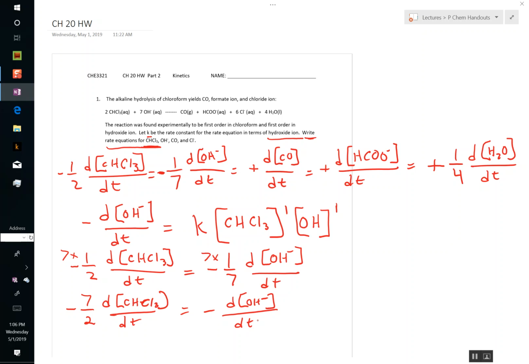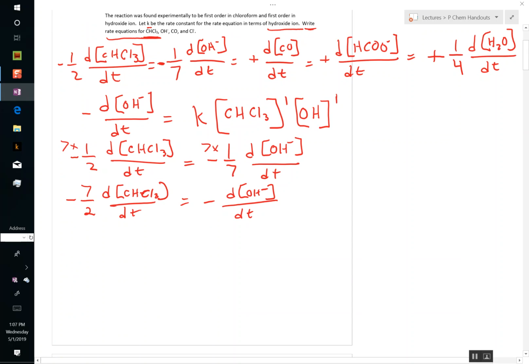So now if I want to rewrite this in terms of the methyl chloride, it's going to be this.